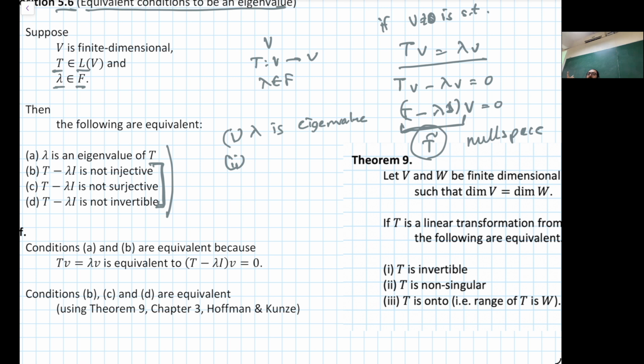So the null space has at least one element, right? There's one vector that is being mapped to 0. We have a vector V such that T of V is equal to lambda V. Exactly that vector, at least that vector belongs to the null space of T tilde, right?